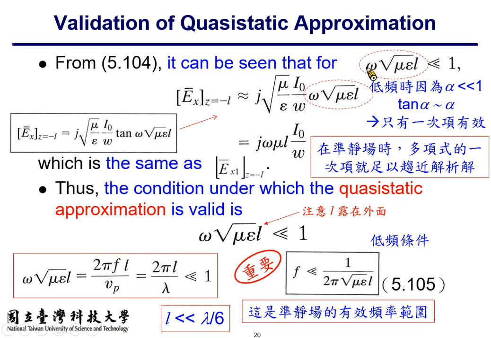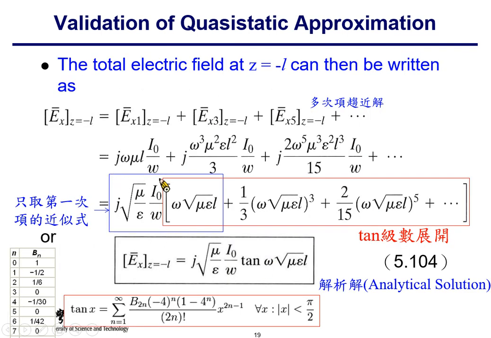So what can we do here? Here is the validation of the quasi-static approximation. Under the first order approximation, we only take the first term. So without expressing the complete solution as a tangent function, we just use the first term over here.